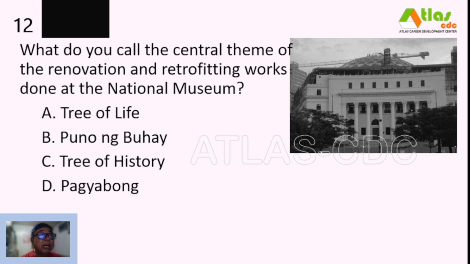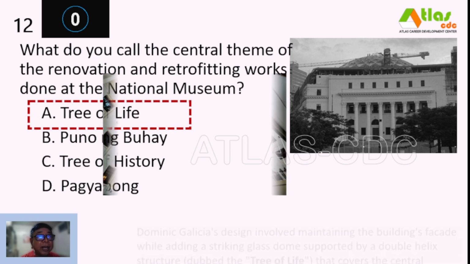A. Tree of Life. B. Puno ng Buhay. C. Tree of History. And D. Pagyabong. And our correct answer is letter A, Tree of Life.